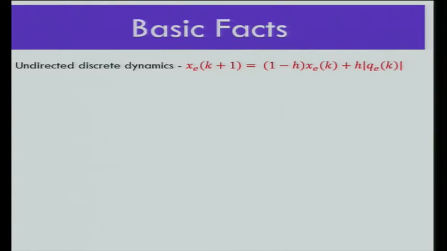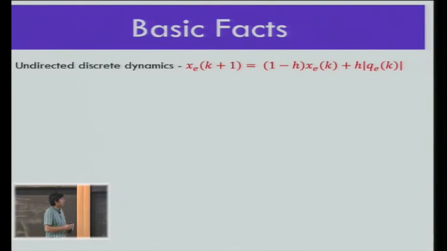Recall that we have a dynamical system where these conductances are evolving by looking at the past conductances and adding the magnitude of the flow. So it's really a convex combination of these two quantities. Here, you should not be surprised that if you start with a positive solution, you'll always be positive.